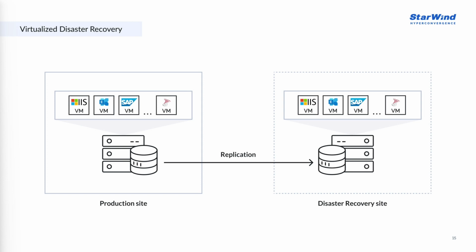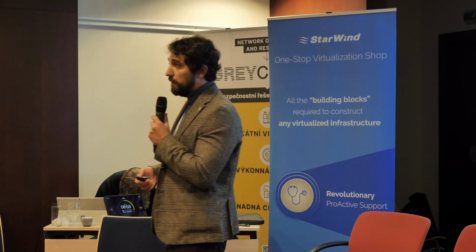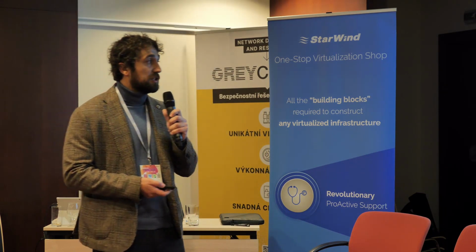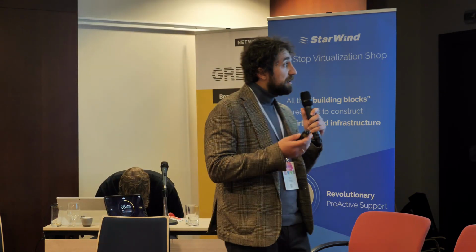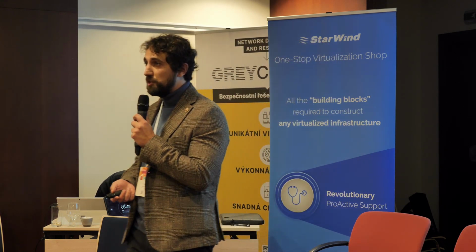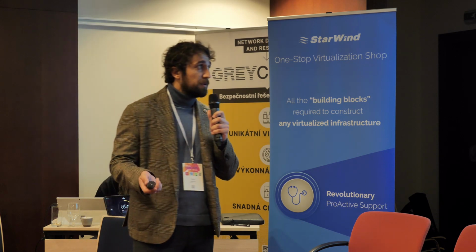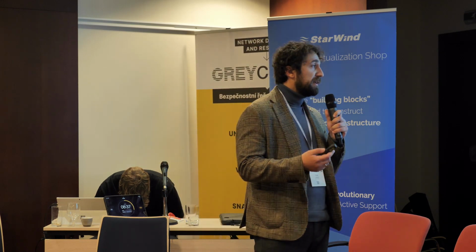These come embedded and are included in the license of the hypervisors, at least in the default package. And these allow you basically to create snapshots of the virtual machines, send them over networks, so we're talking about asynchronous replication, and perform the recovery when needed.